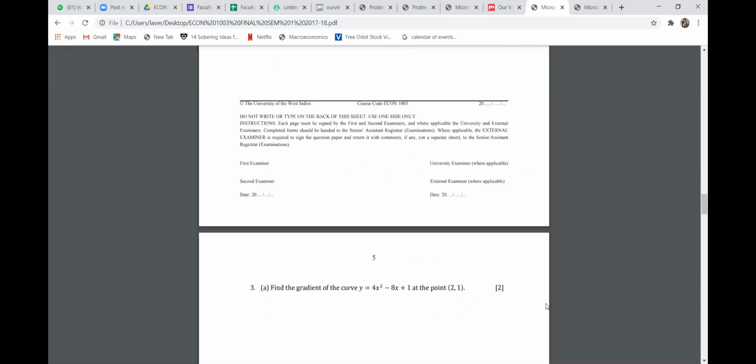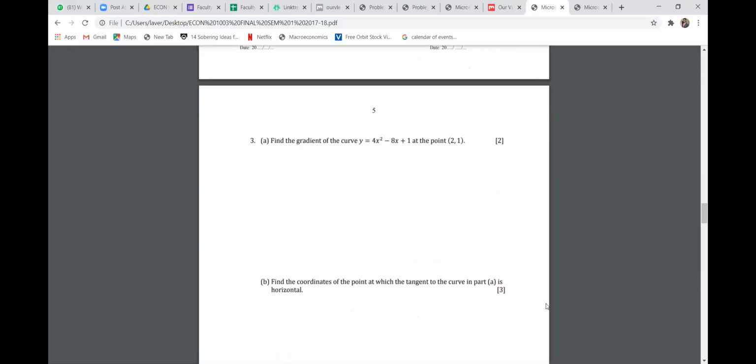So the second question asks us to find the gradient of the curve y equal to 4x squared minus 8x plus 1 at the point 2 and 1.